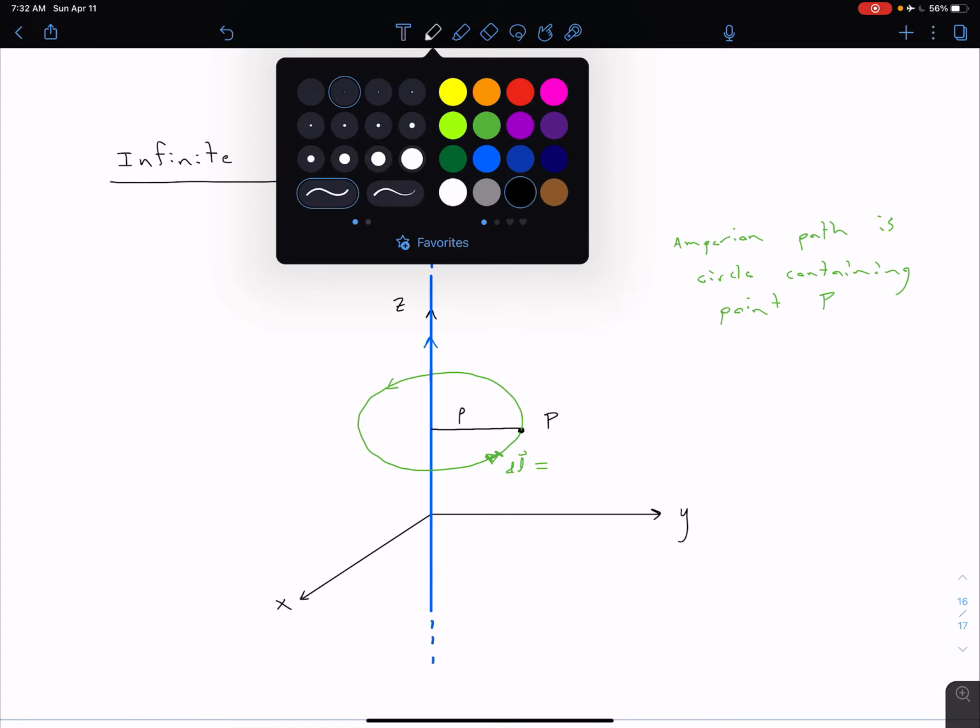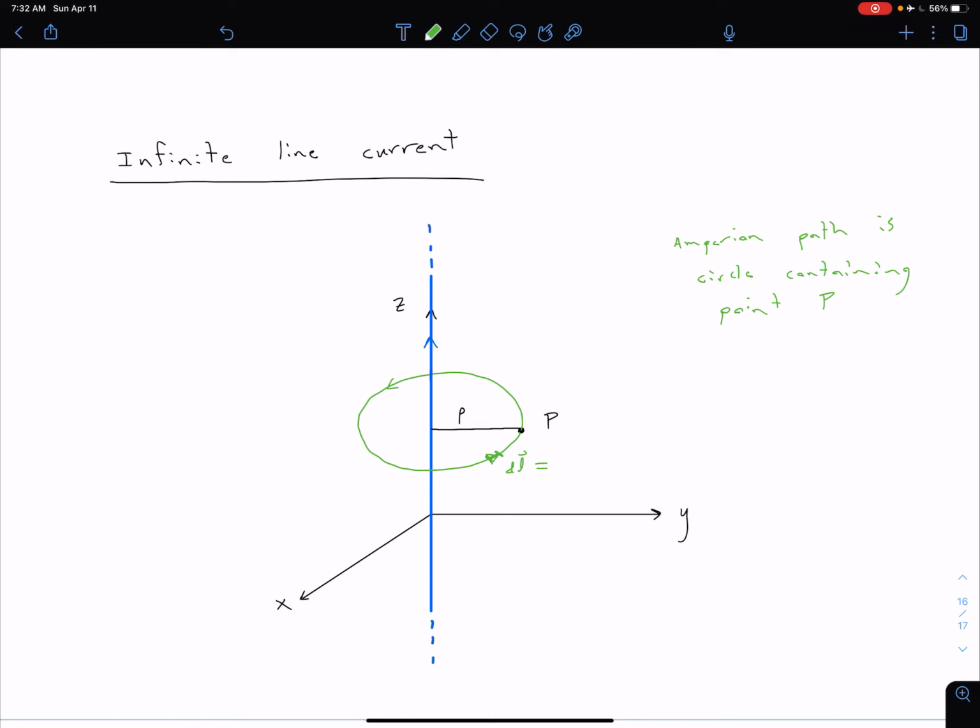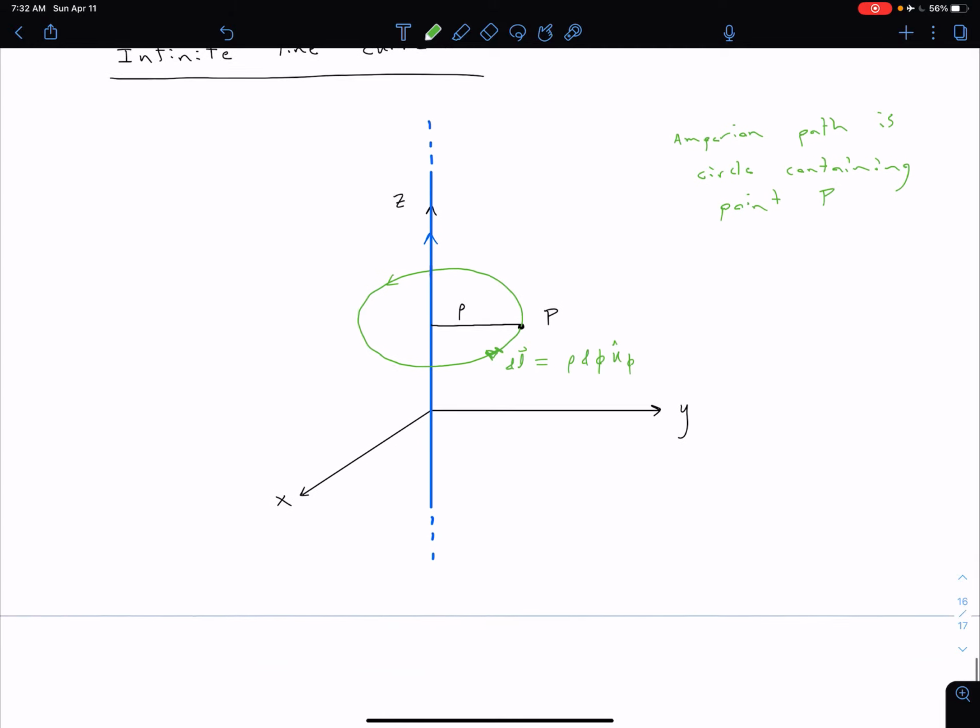What we can do then is say our dl is just going to be rho d phi in our phi direction. You could go back to our handout for differential surfaces, lengths, and volumes to recall that if you have any issues remembering it.